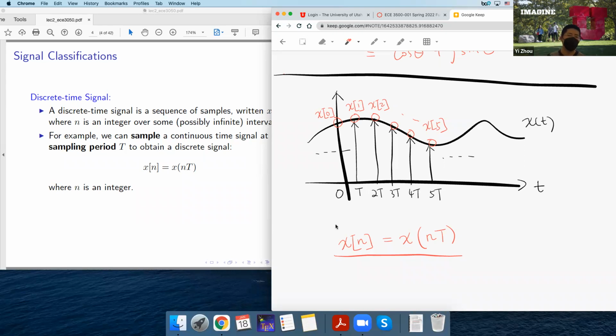This is how you describe a sampling process. You have a continuous signal x(t), and you sample this signal with a sampling period capital T. That will generate such a discrete signal x[n], where n is any integer.